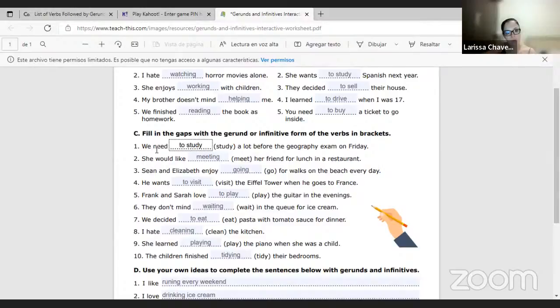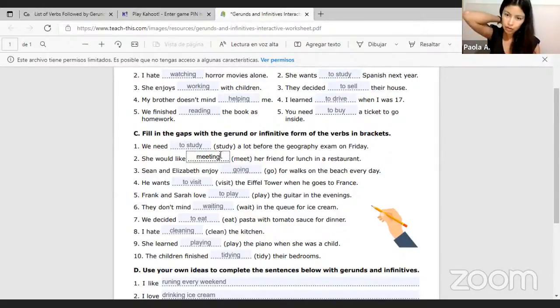Let's read the rest of it. We need to study a lot before the geography exam on Friday. Correct. And the second one, what do you think? Which one sounds better? Sometimes when we read it or when we think about it, we have the answer.